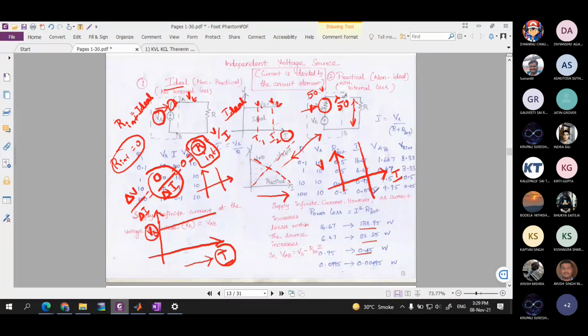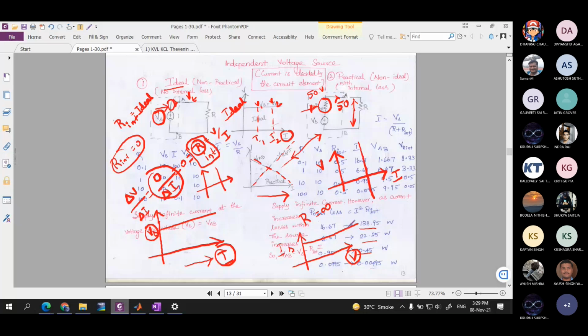If you take the slope for this plot, then you will get R equal to infinite. Or you can also draw it the reverse way. In the same plot, voltage is changing and current is like this. So for the current source, irrespective of the voltage, your current is going to be the same.